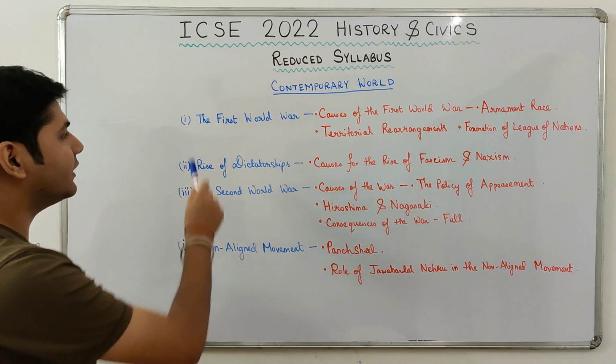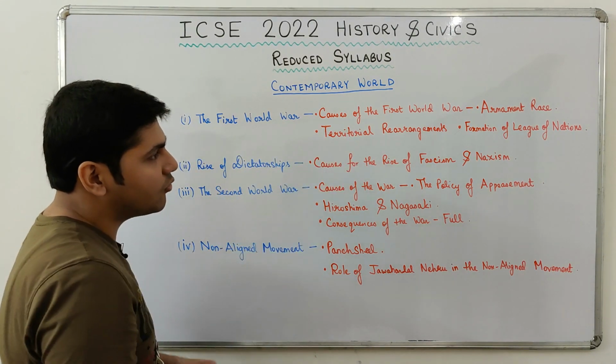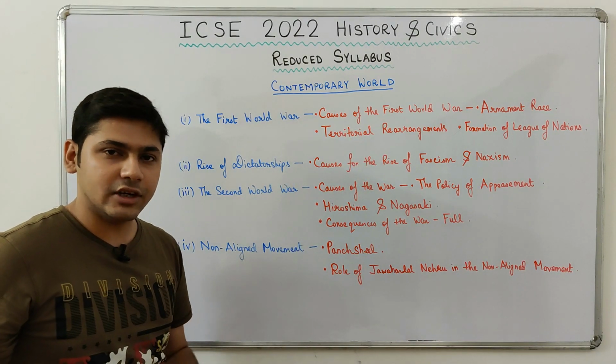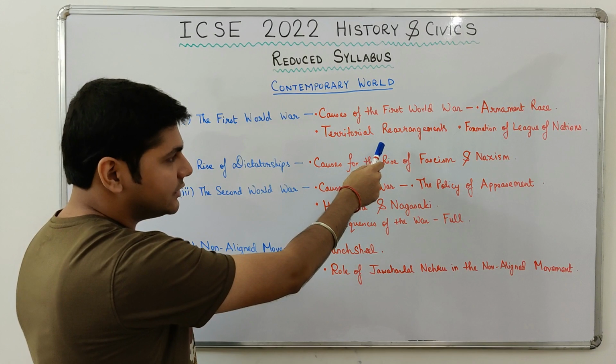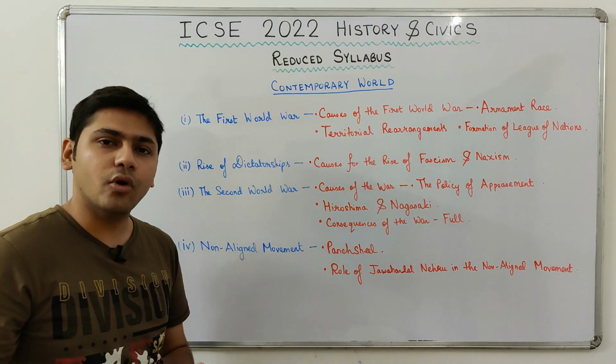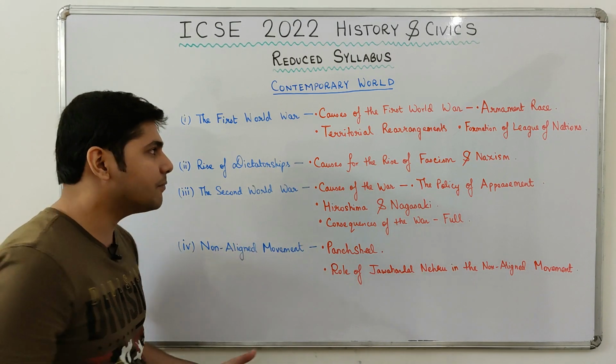So from the chapter the First World War, from the section Causes of the First World War, the topic armament race has been removed. In addition to that, territorial rearrangements and formation of League of Nations have been removed. So in total 3 topics have been removed from the First World War. What are they?